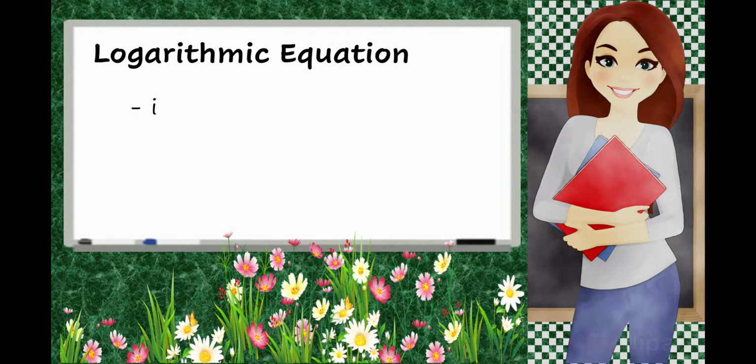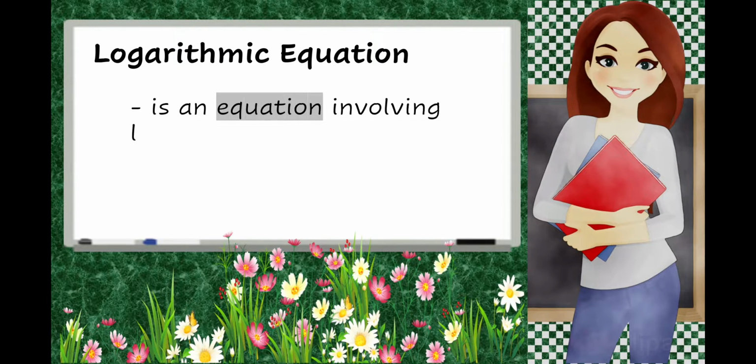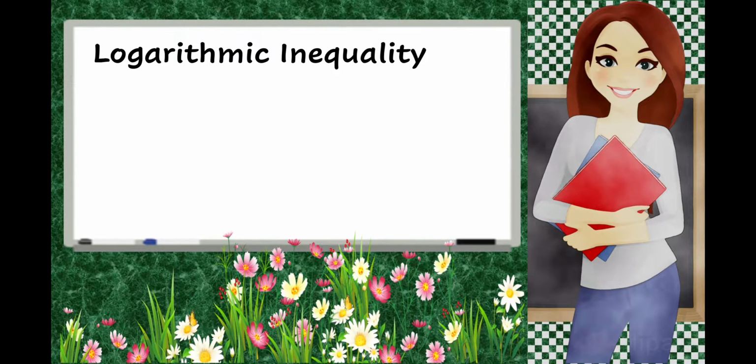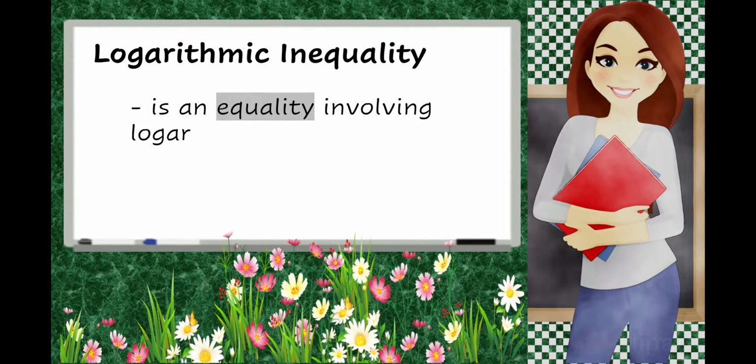So what is a logarithmic equation? It is an equation involving logarithms. An example of this is the logarithm of 2 to the base x is equal to 4. What about logarithmic inequality? It is an inequality involving logarithms. An example of this is the natural logarithm of x squared is greater than the natural logarithm of x raised to 2.